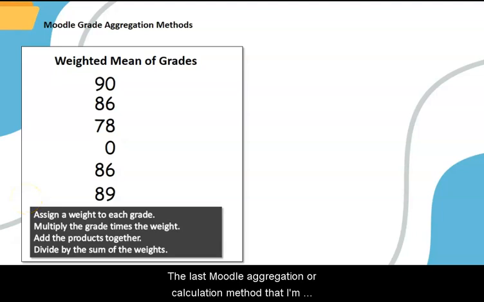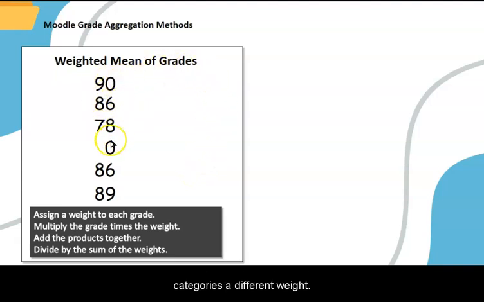The last Moodle aggregation or calculation method that I'm going to demonstrate is weighted mean of grades. Weighted mean of grades is very popular for overall courses. This allows you to give each of your grade categories a different weight. It can be a little confusing within a category.